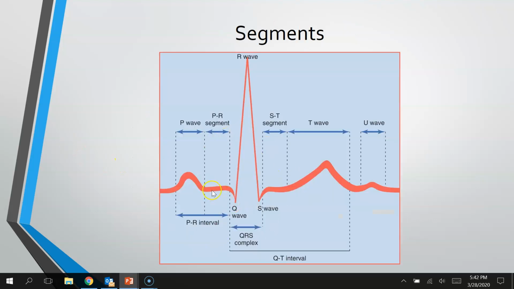So again, this is the PR, it's usually isoelectric, and the same way here. So if we see an increase in the ST, that's when it may be an MI. If we see a decrease before the T wave, then that may indicate some ischemia.